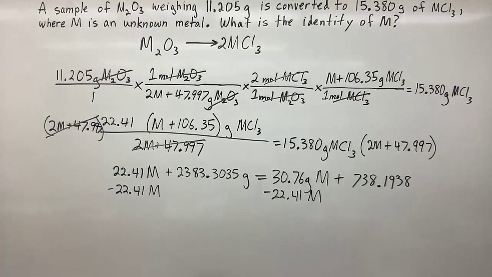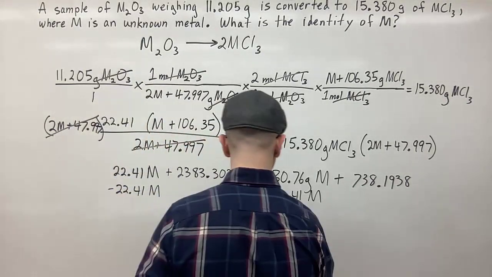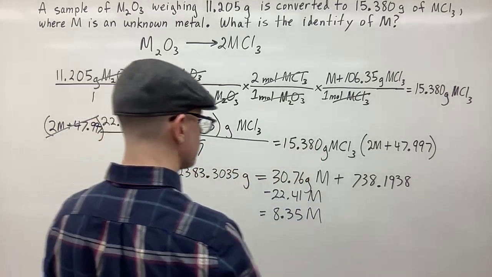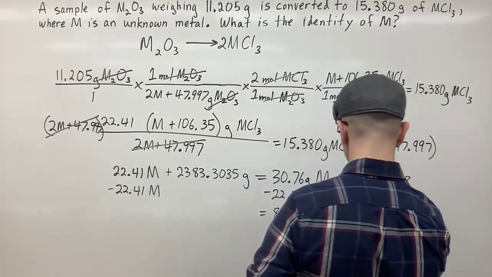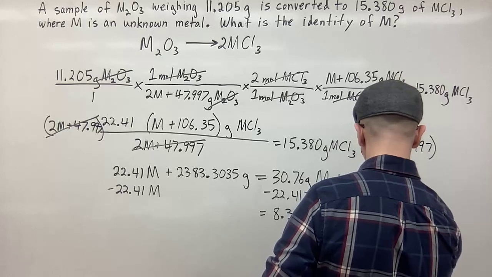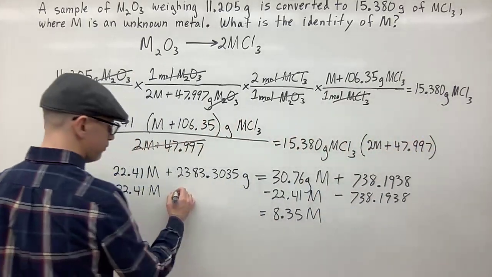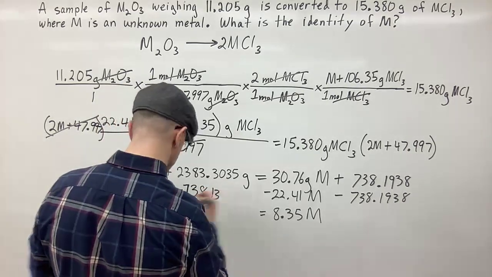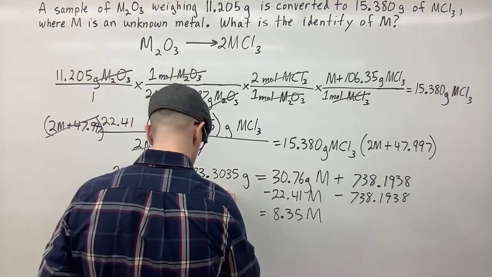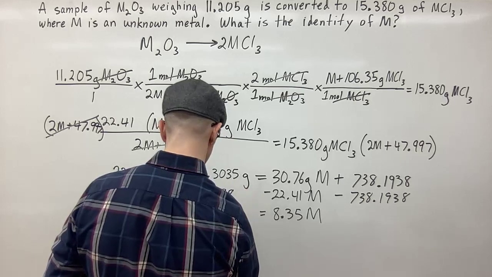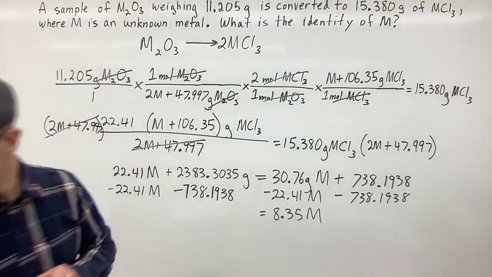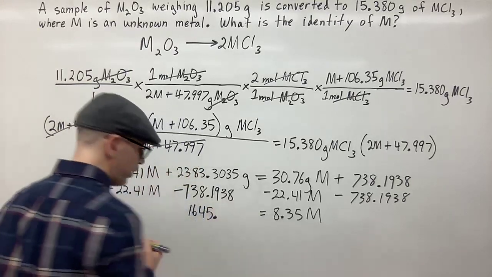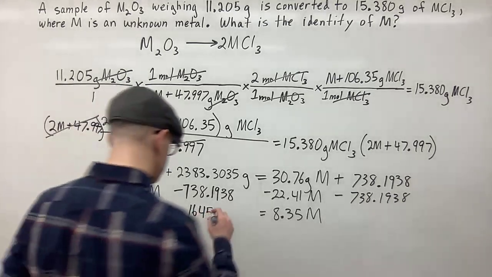When I do that, I get 8.35 M. And then if I subtract 738.1938 from both sides, and when I subtract this, I get 1645.109.